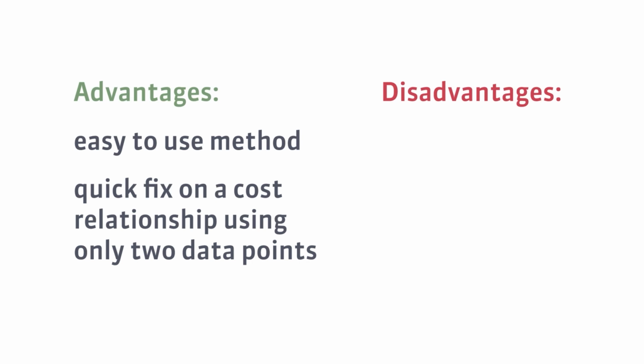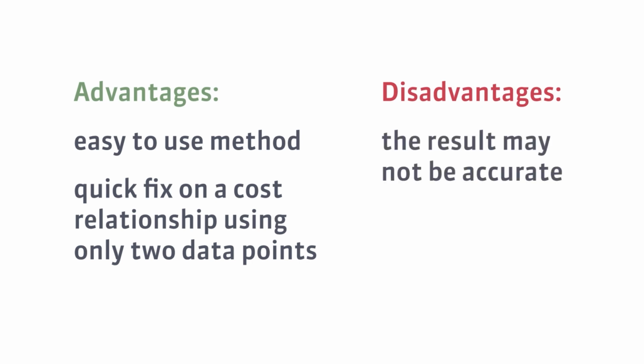The obtained result may be incorrect because we consider extremes, the highest and the lowest value, and these levels and their associated cost behaviors may be unusual and therefore unrepresentative.